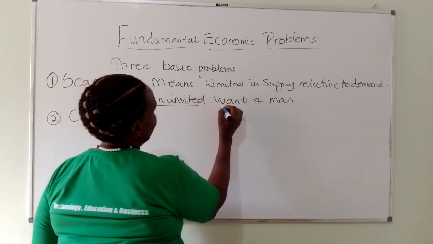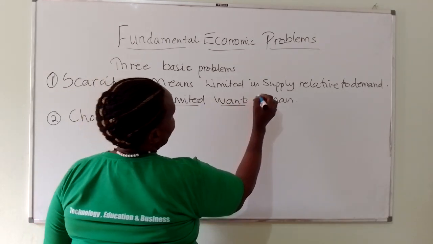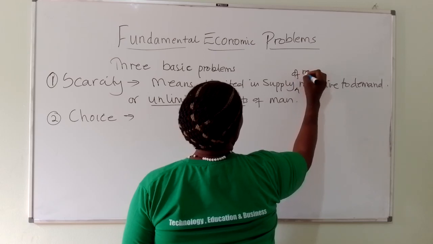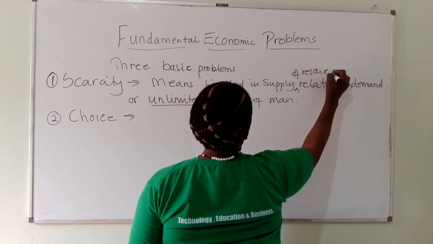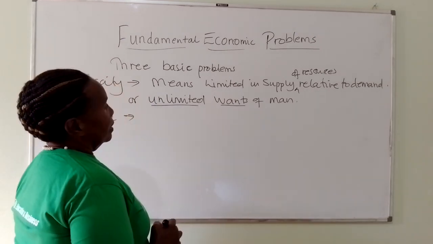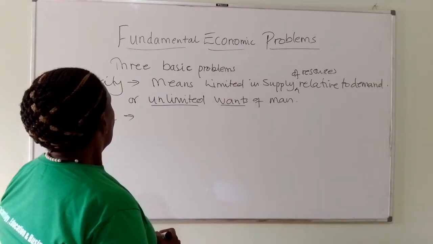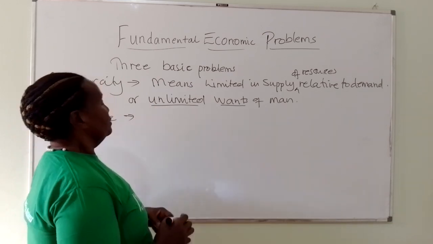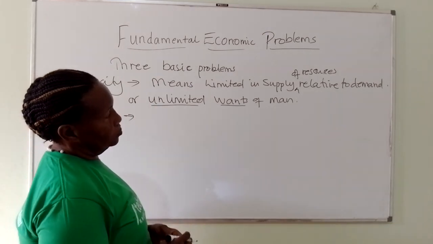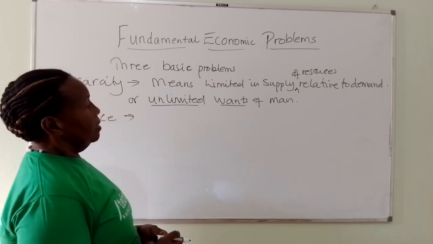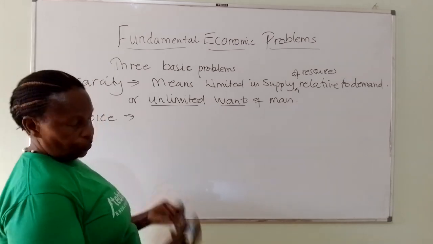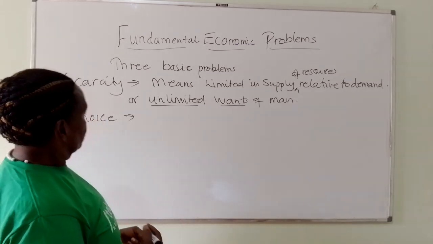Because of our unlimited wants and the limited supply of resources. Our wants are unending, yet the resources we need to satisfy them are not in ample supply, which requires us to choose among the many alternatives.